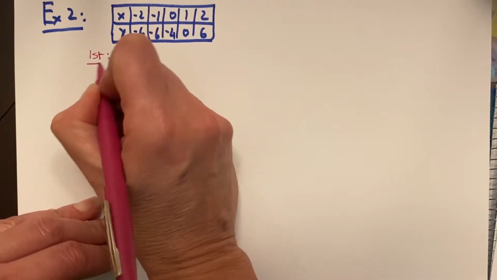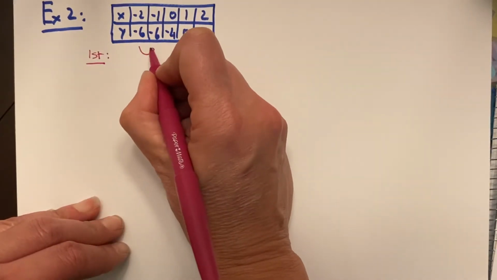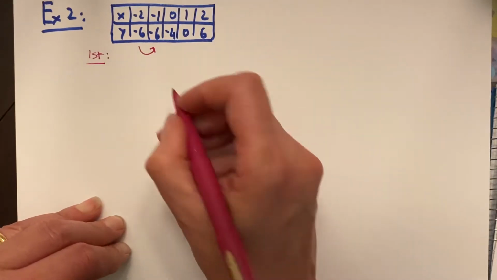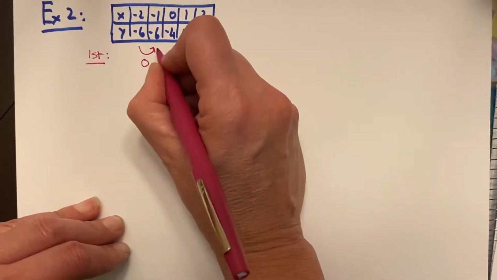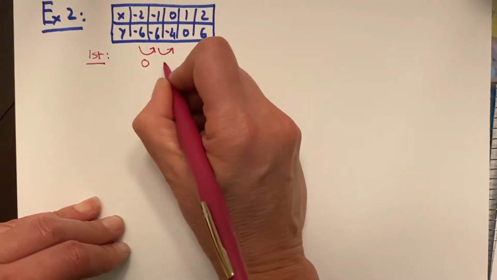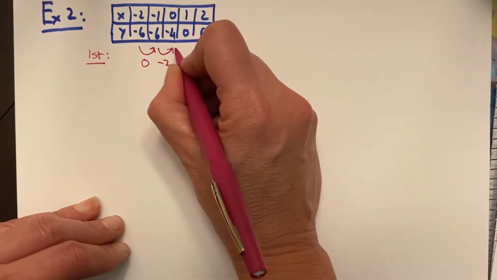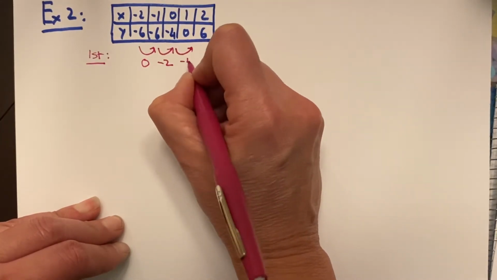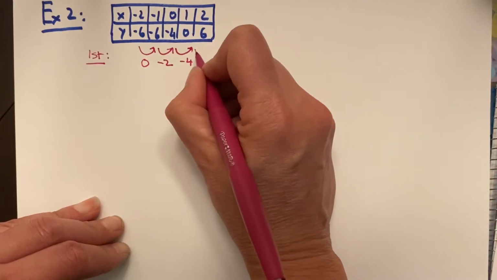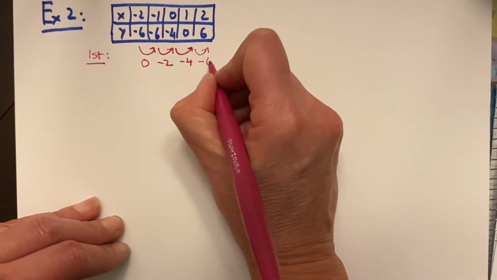So looking at first differences, -6 minus -6 is 0. -6 minus -4 is -2. -4 minus 0 is -4. And then 0 minus 6 is -6.